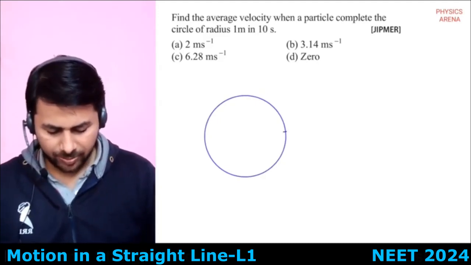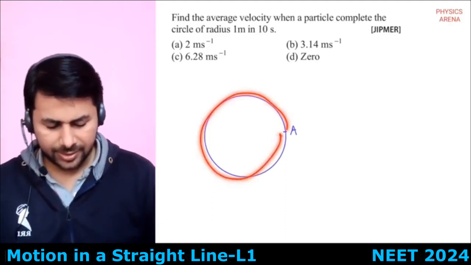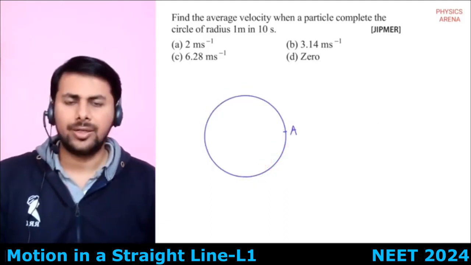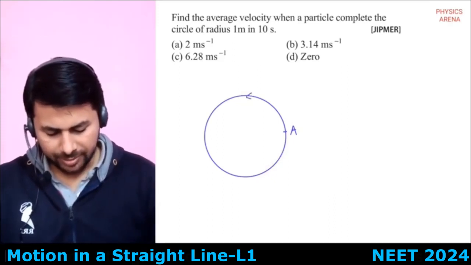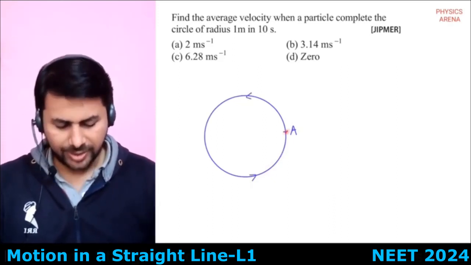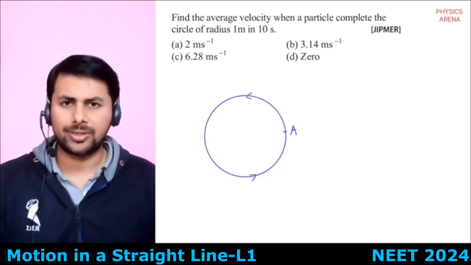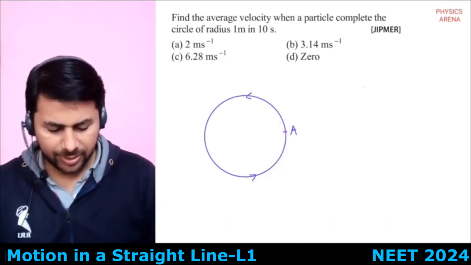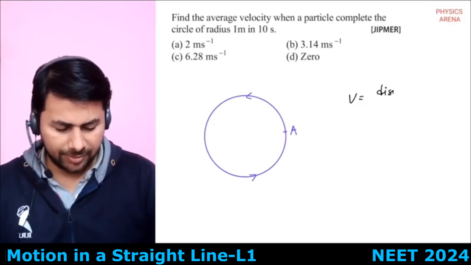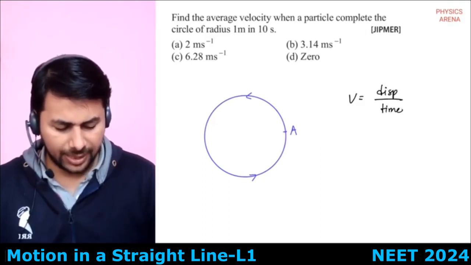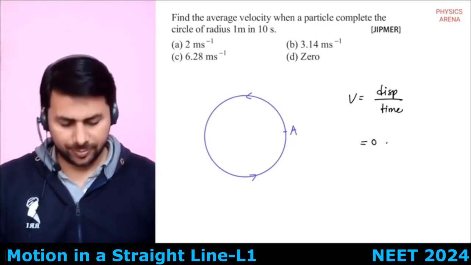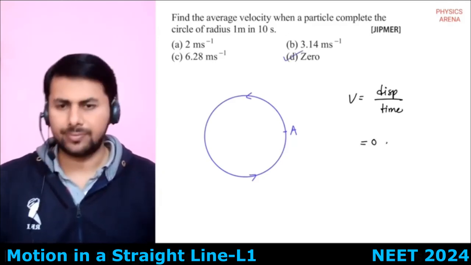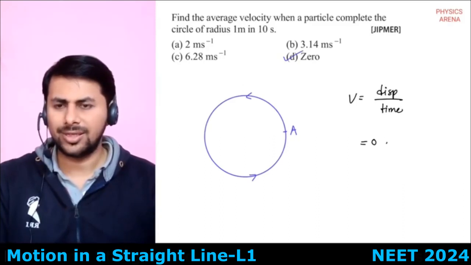So suppose it starts from this point, and it comes back to the same point. Then how much will be your average velocity? So displacement is equal to 0. Velocity is displacement divided by time, right? So displacement is 0 and therefore velocity will be equal to 0. Is it clear, Ganga?